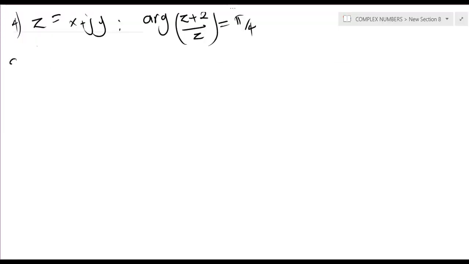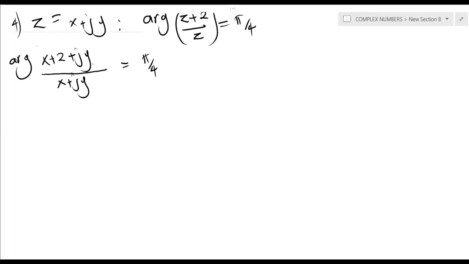So this will give us arg of (z plus 2), so z plus 2 is x plus 2 plus jy. I've taken this and added to this, but since x and 2 are real parts, I've put them together. All this divided by x plus jy. And this is supposed to give us pi over 4.